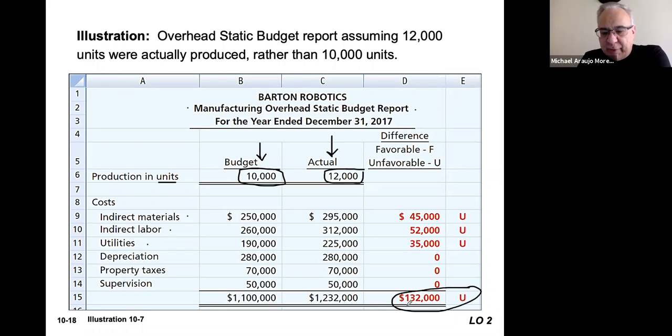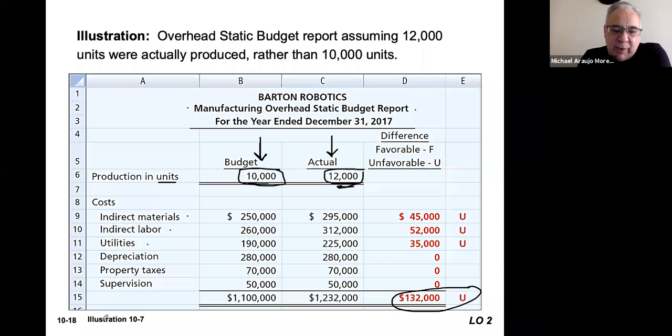It looks like you've overspent by 132,000. Well, again, that would be true if you actually created 10,000 units and not 12,000. But because you actually created 12,000, comparing it to a budget for 10,000 doesn't make a lot of sense, and it's not really very helpful.